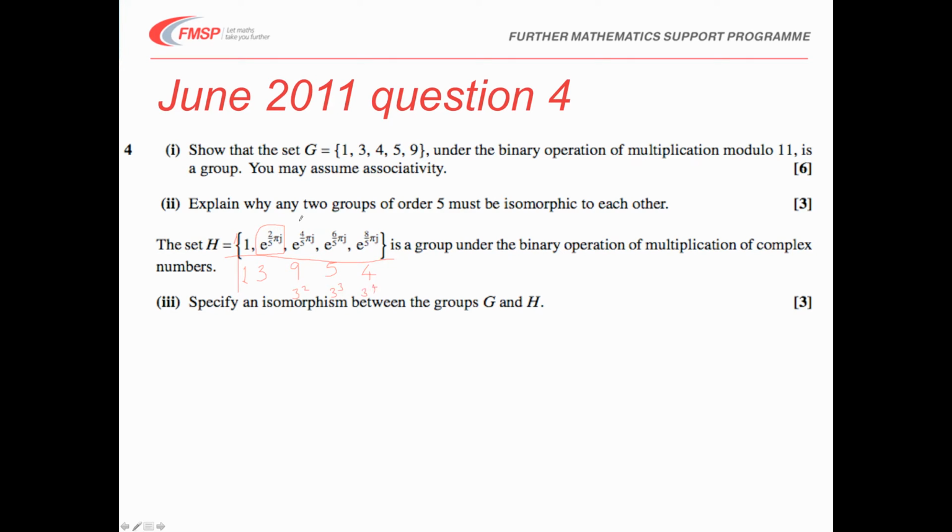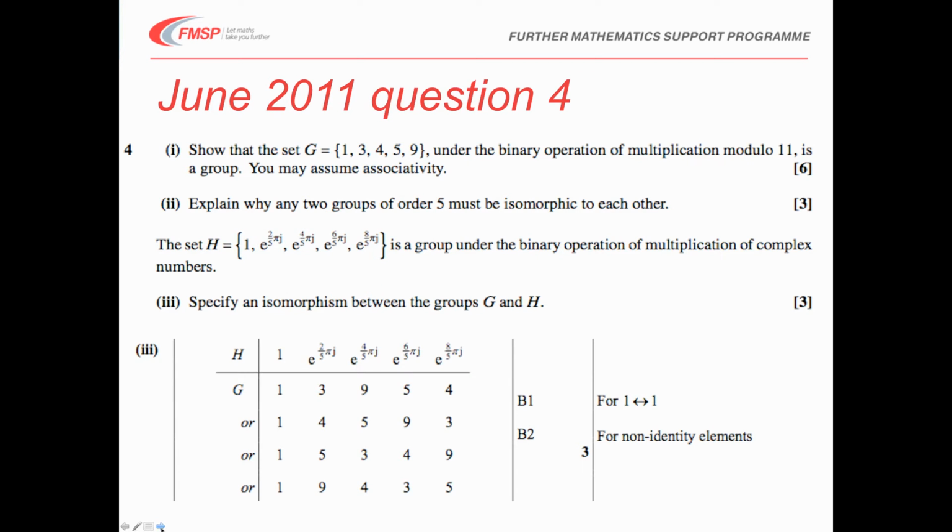And in the same way here, that's e to the 2 pi j by 5 squared, etc., so powers of that. And that gives you the isomorphism between the groups. You get 1 mark for a one-to-one mapping, and 2 marks for getting those elements right.